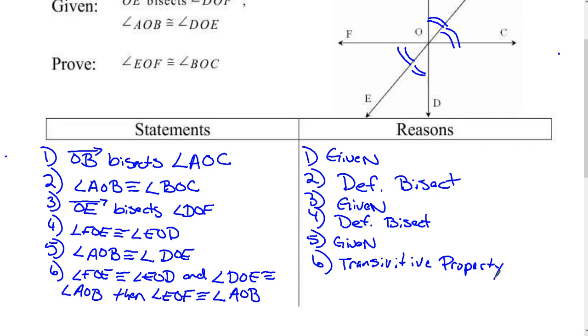All right, what do you think my next statement should be? If I'm finishing it the same way I finished the other one, EOF. So angle EOF is going to be congruent to angle BOC.